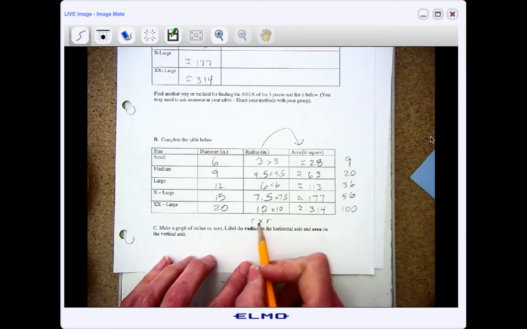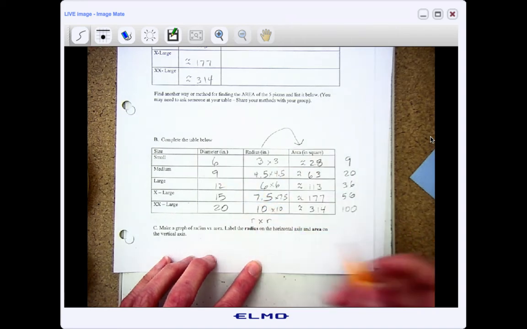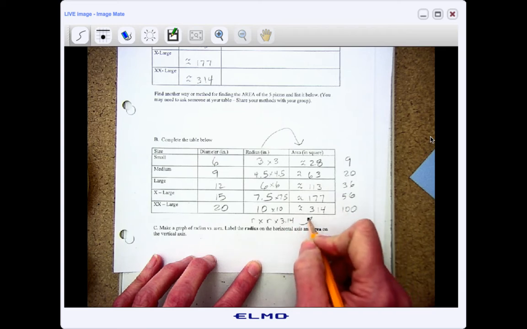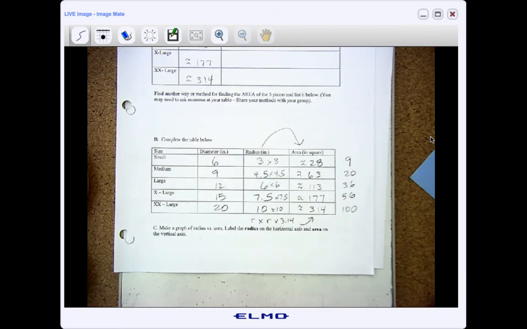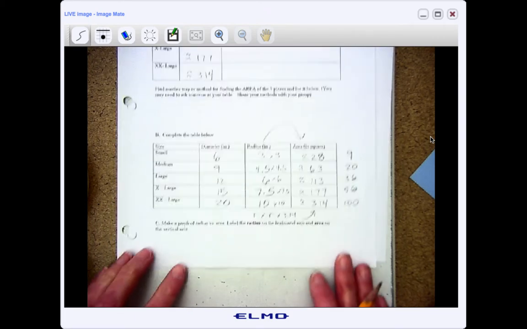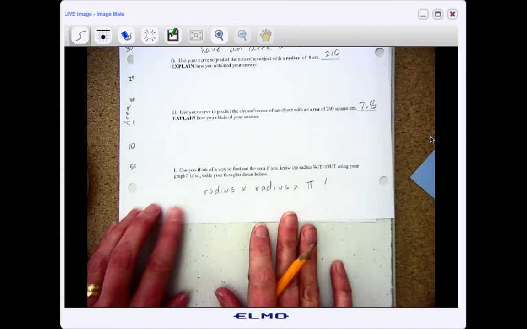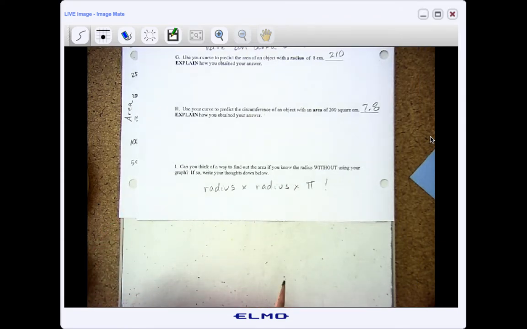But if I take the radius times the radius and I multiply it by my magic number of pi, isn't that totally cool? I get the area every time. So the area of any circle can be found by multiplying the radius by itself and then multiplying it by pi. So that's what we could write on the back. If I just take the radius times the radius and multiply it by pi, I will get the area every time.